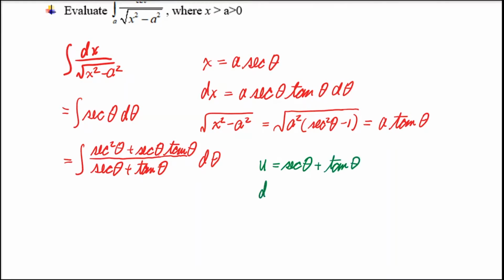And then du will become, this is a nice trick, just to write it down here. So we have secant theta, tangent theta, derivative of secant, plus, and then derivative of tangent is this. And now you just think about it, 1 over u, and then we actually don't substitute it. So this becomes 1 over u. You know what I'm saying?